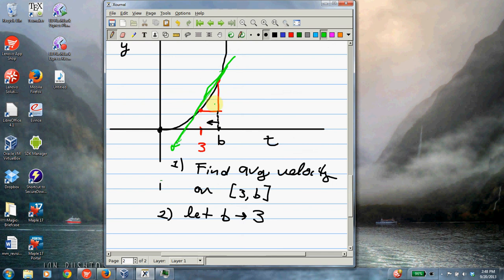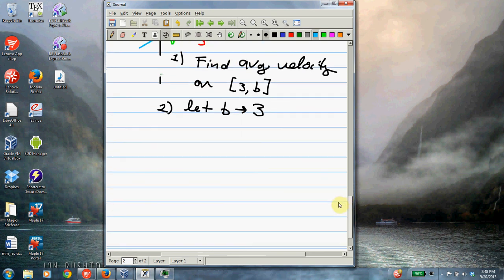And as b scoots over, the secant line, the line connecting these two points, is going to become more and more like the tangent line. And the slope of the tangent line is exactly the instantaneous rate of change here. So the slope of the tangent line really is how we think of the instantaneous rate of change at the third second. So now let's implement our plan.